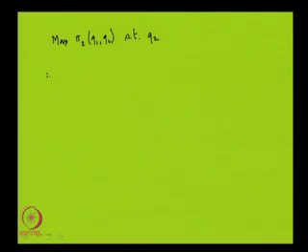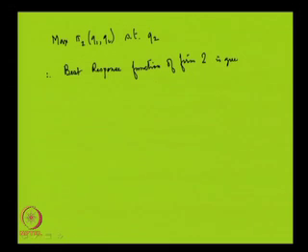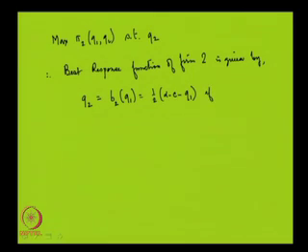and we have seen that the best response of firm 2 is given by half of alpha minus c minus q1, if q1 is less than or equal to alpha minus c, and equal to 0 if q1 is greater than alpha minus c.